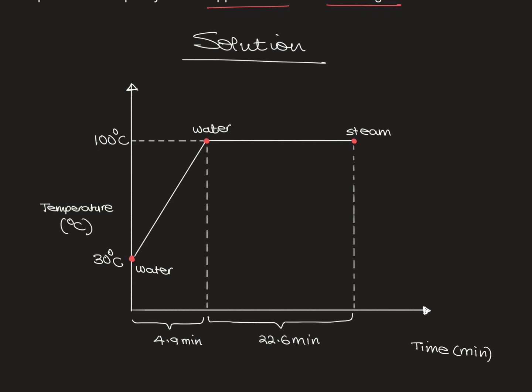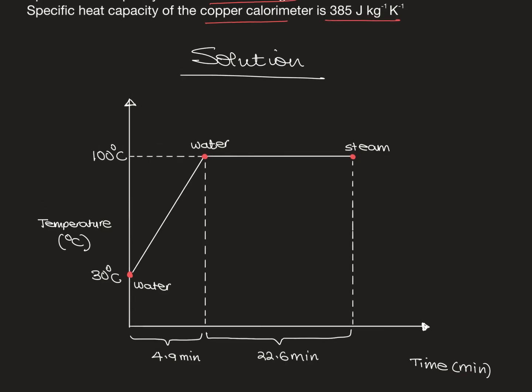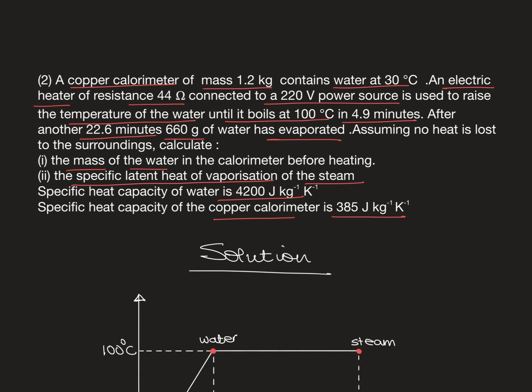So that is, you will have some quantity of water escaping into vapor. And if we go back to the question, because water has vaporized, it stated that 660 grams evaporated, which means that was the mass of water that has been lost at the boiling point.